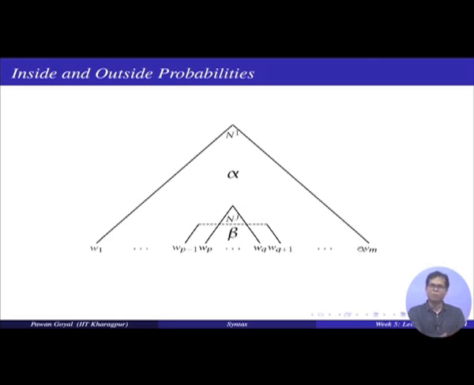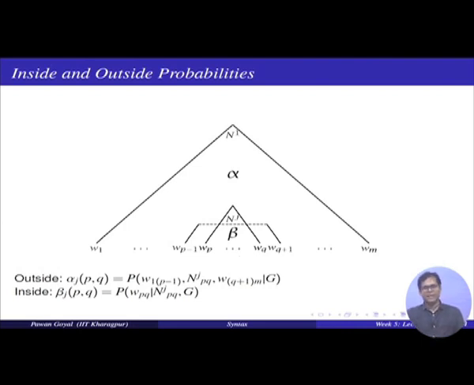This is my outside probability. And for inside probability, given this Nj, it is the probability that I can derive Wp to Wq as per my grammar. And if I multiply inside and outside probability, that will give me the probability of the sentence parameterized by this particular jth non-terminal.